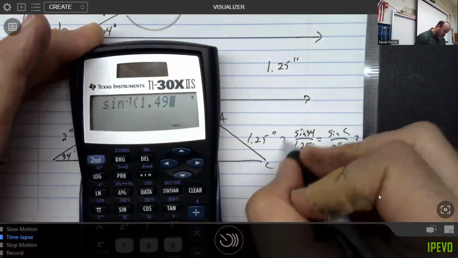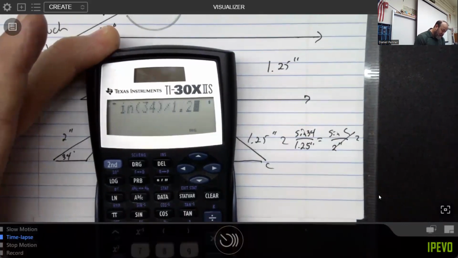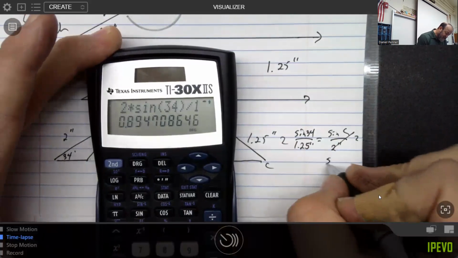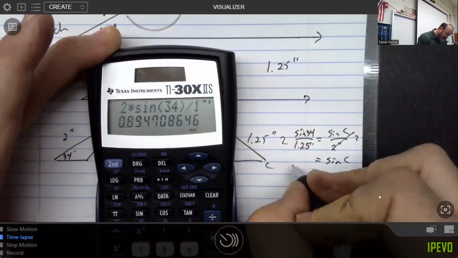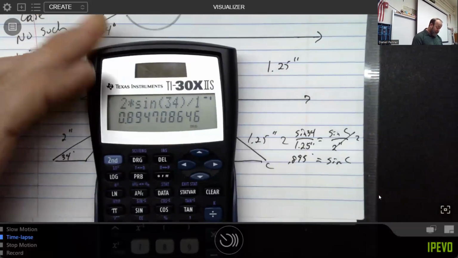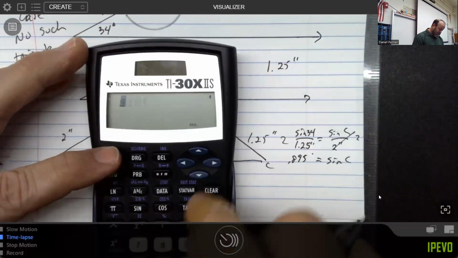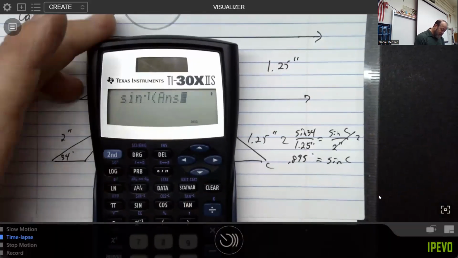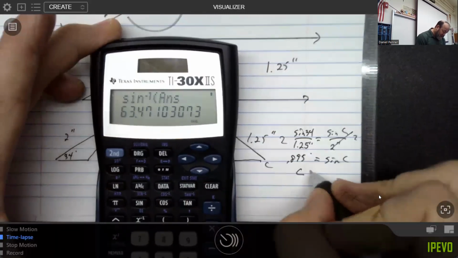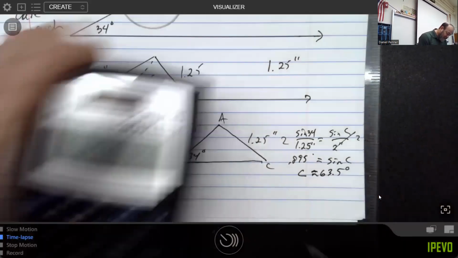Multiplying by 2, I have 2 times the sine of 34 divided by 1.25. I've got that the sine of some angle C is 0.895. I'm going to take the inverse sine of that. The inverse sine of that gives me that this angle C is about 63.5 degrees. That's this angle right here.